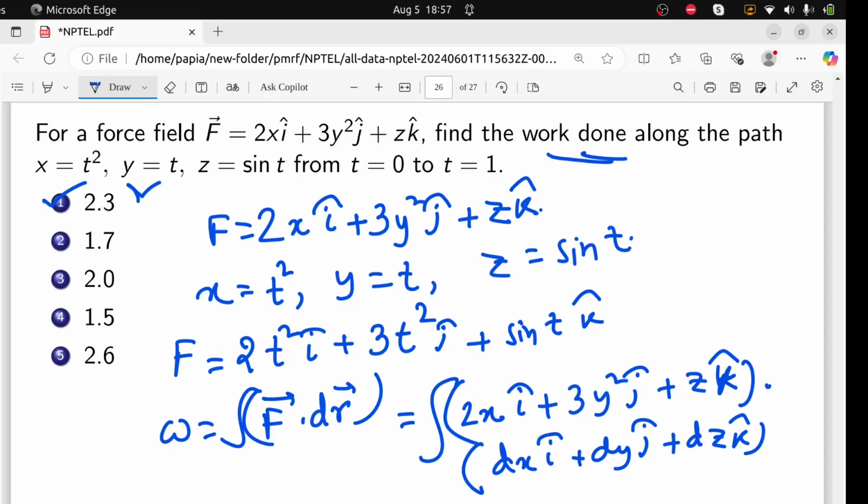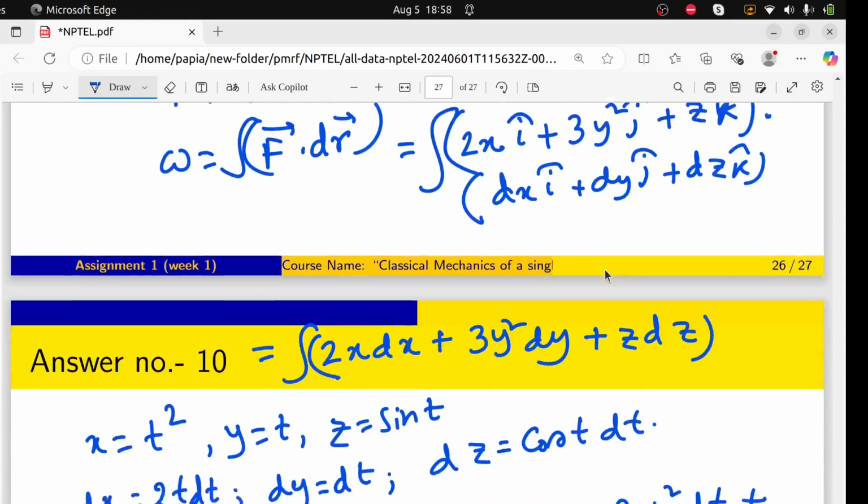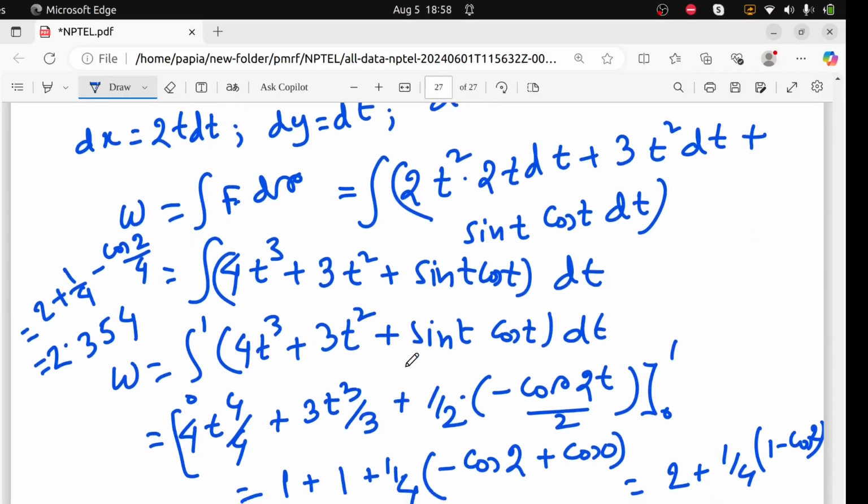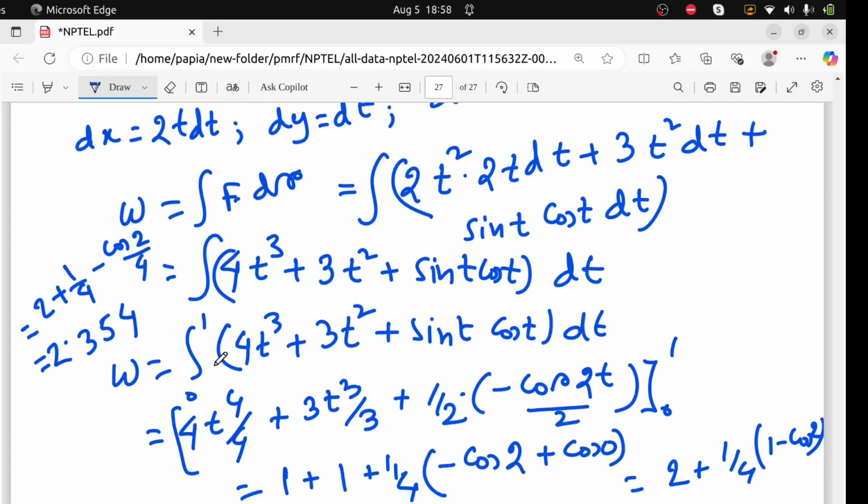Now dx, dy, dz should be in terms of t, because they have given me only the t limit from 0 to 1. They did not tell about the x, y, z limit. So I just converted that. dx equals 2t dt, dy is dt, and dz is cos t dt. Then after simple calculations, putting the limit t equals 0 to 1, it is coming as 2.354.